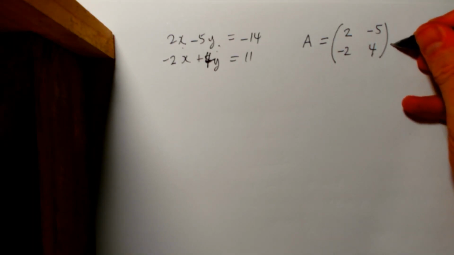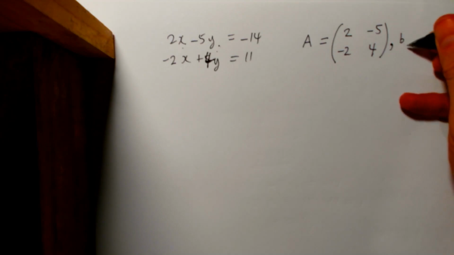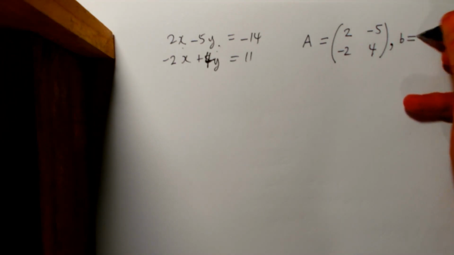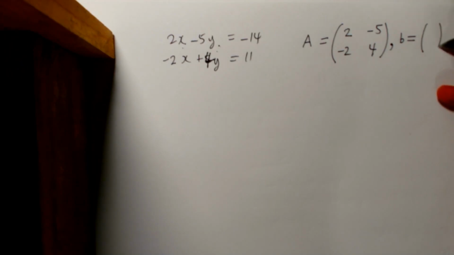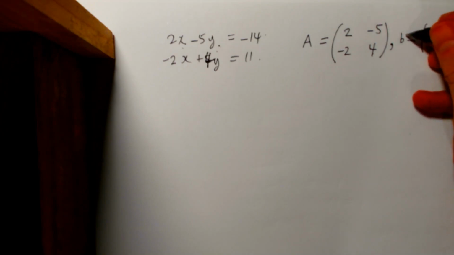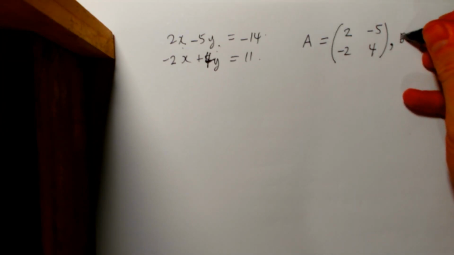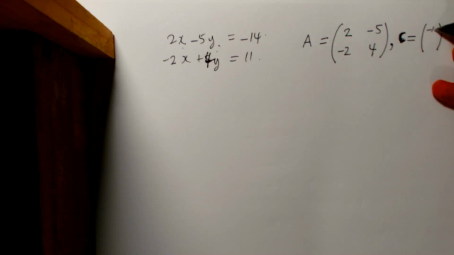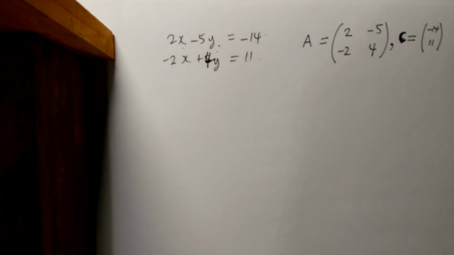And then I'll introduce another matrix that is a column from the right hand side. Okay, but I see my notes have C, so I'll write C instead of B. So minus 14, 11.